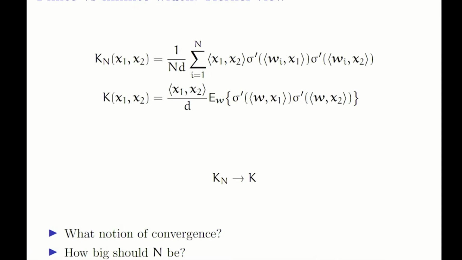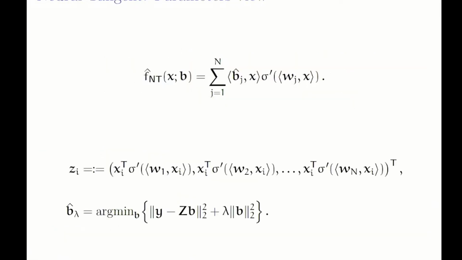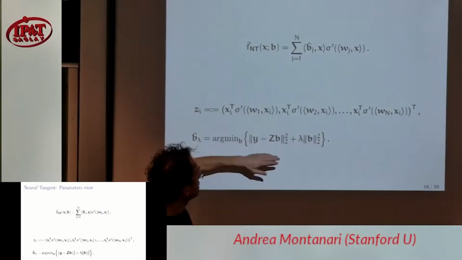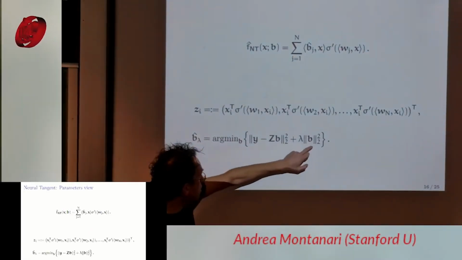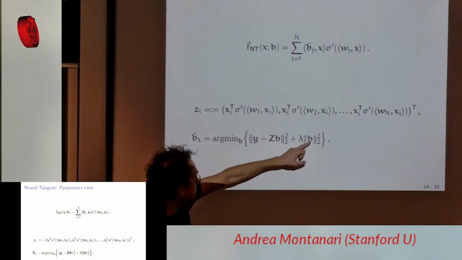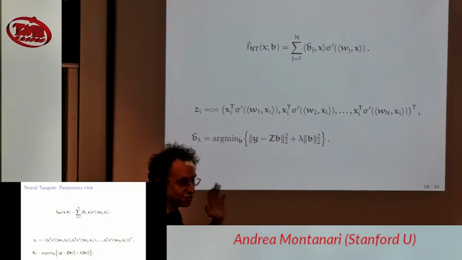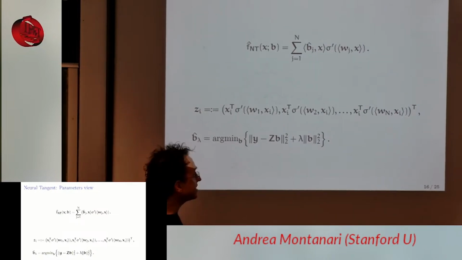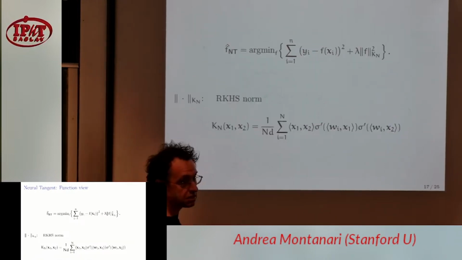As n goes to infinity, this is the neural tangent model, and you can think of it in two ways. You can think of it as minimizing, fitting this parameter b, but you can think of this also in function space. You can rewrite this in function space as kernel ridge regression with respect to a finite width kernel.